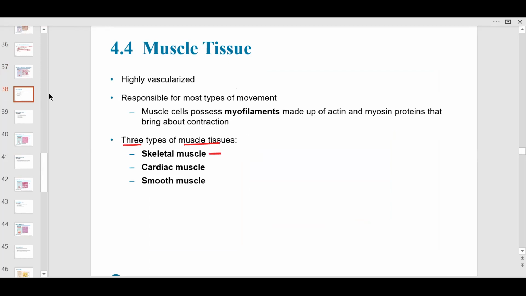So skeletal muscle is voluntary. It's the only one that's voluntary. The others are involuntary, cardiac and smooth. Smooth muscle is also called the visceral muscle.